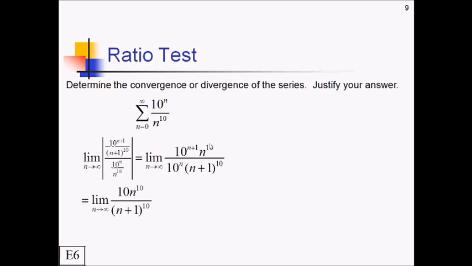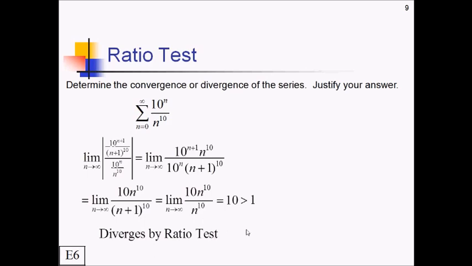And I also have an n to the 10th up there still, and I have this n plus 1 to the 10th downstairs. Now, as n approaches infinity, this lesser term of 1 can just go away. So we essentially have n to the 10th downstairs. Reducing here, this is just going to be 10. Significantly, since this is greater than 1, we can conclusively show this series diverges by the ratio test.